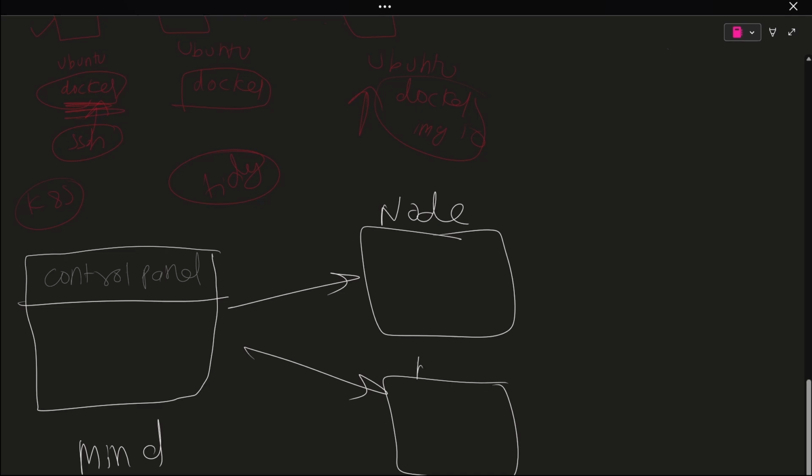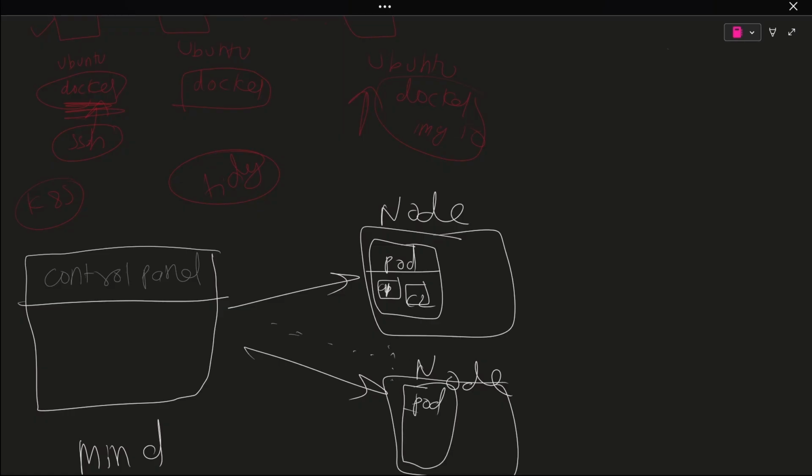It can control so many nodes. Inside a node we have something known as a pod. Inside a pod we have something known as a container. This is container 1, container 2. Here also we have a pod, with container 1 and container 2.